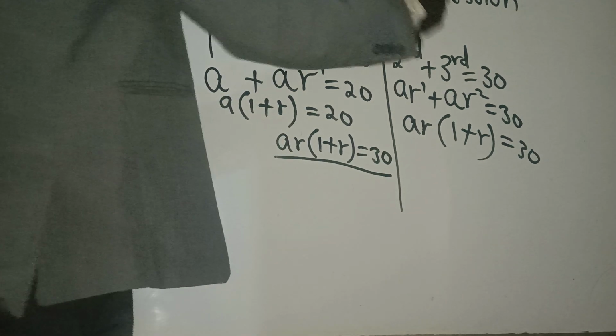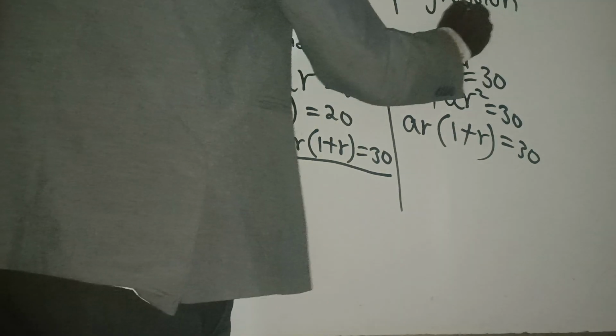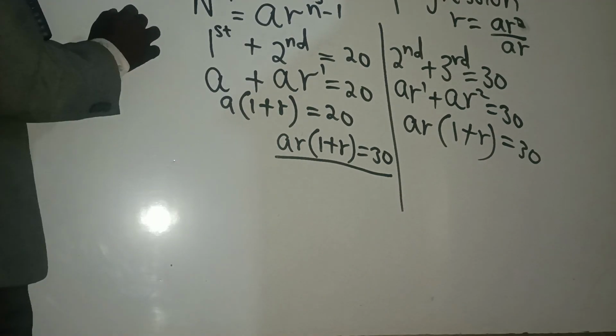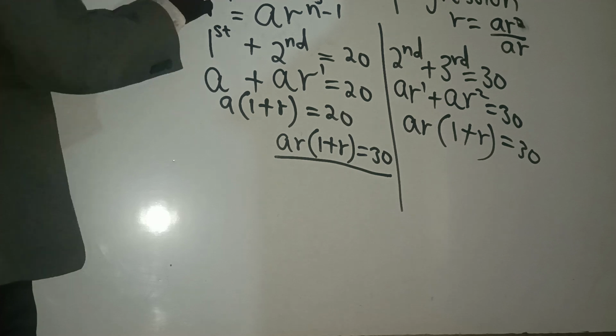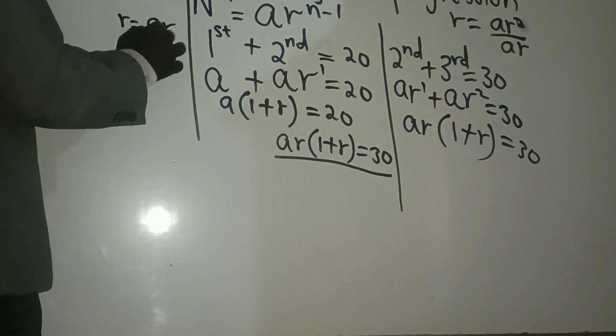The second and third, so just pick this over that. Because how do you get R? For example, I can say AR^3, the third term or the fourth term, or you can just say AR^2 over AR. Or someone else can say R is equal to AR over A.